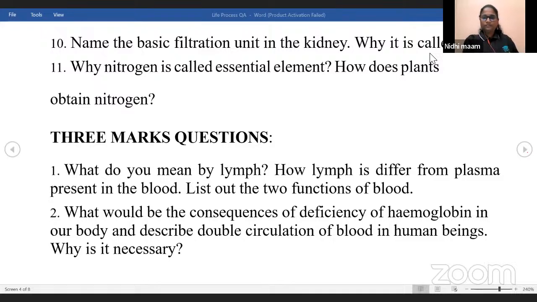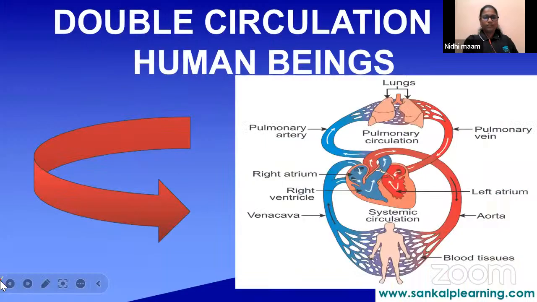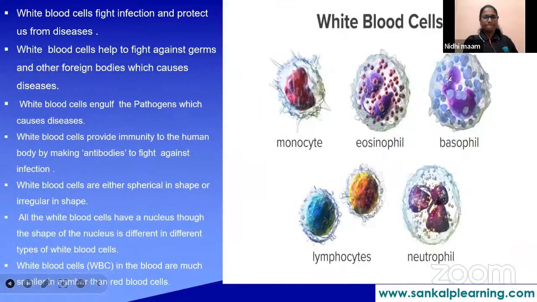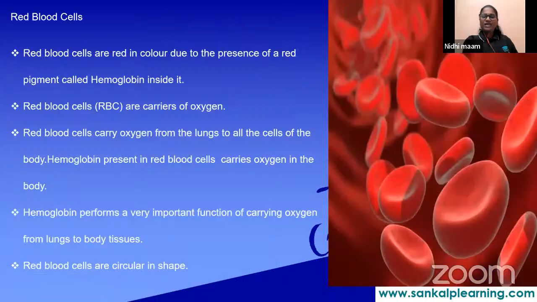So here, as you can see, the plasma of the blood will be having RBC, red blood cells, and it is a colorless liquid with water. But what is there in lymph?